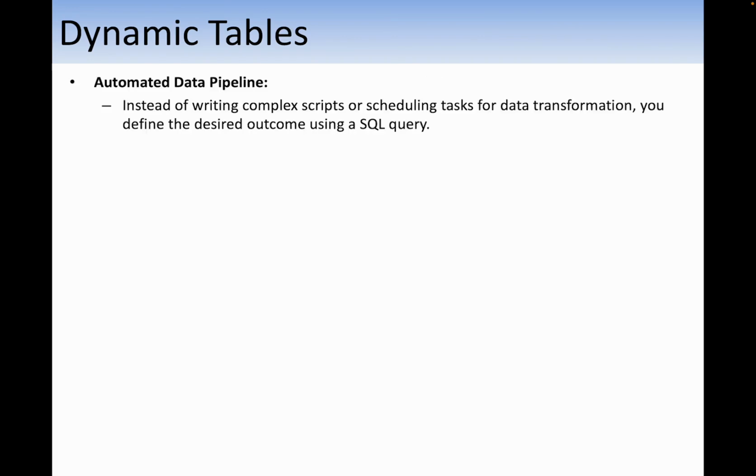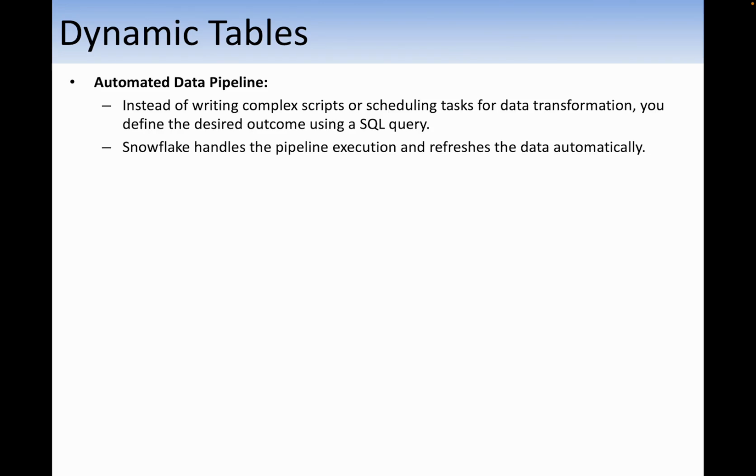So it's an automated pipeline, right? Instead of writing complex scripts or scheduling tasks for data transformation, you define what query you want, and then just create a dynamic table. Okay. And then behind the scenes, Snowflake will handle all your pipeline execution.